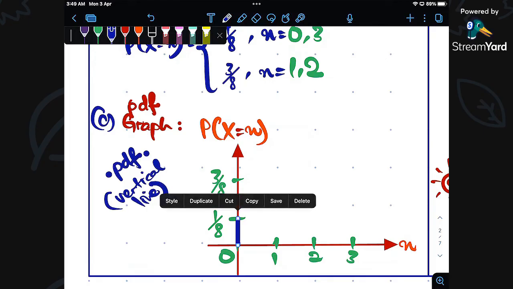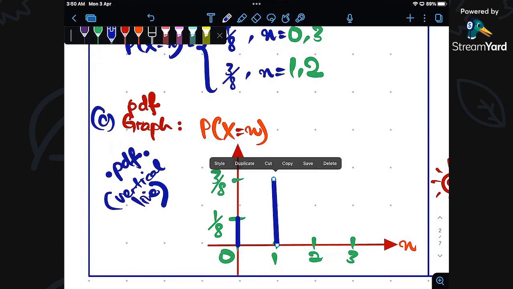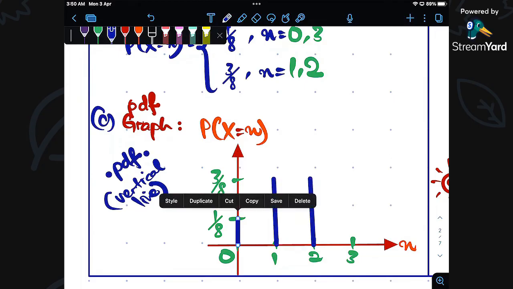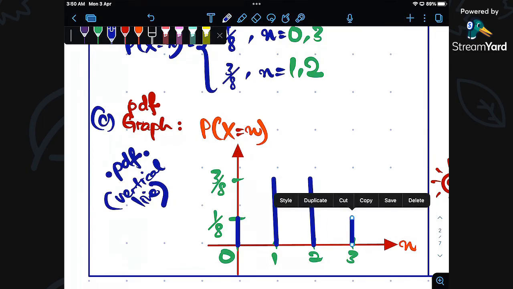And so the probability of getting 1 tail is just 3 out of 8. Then the probability of getting 2 tails is also 3 out of 8. And then the probability of getting 3 tails is just 1 out of 8.